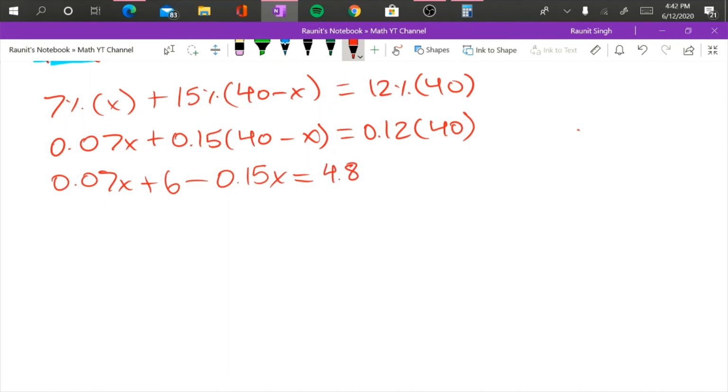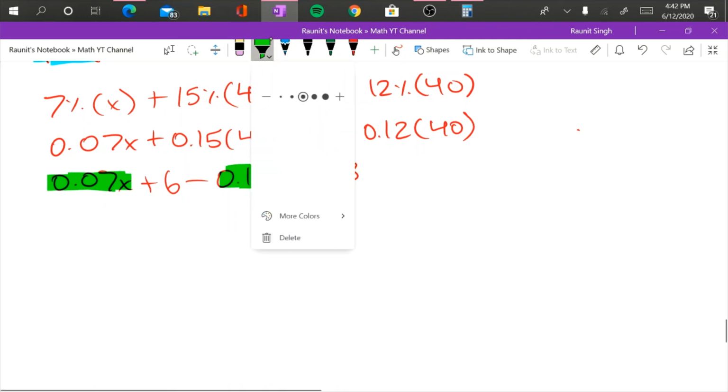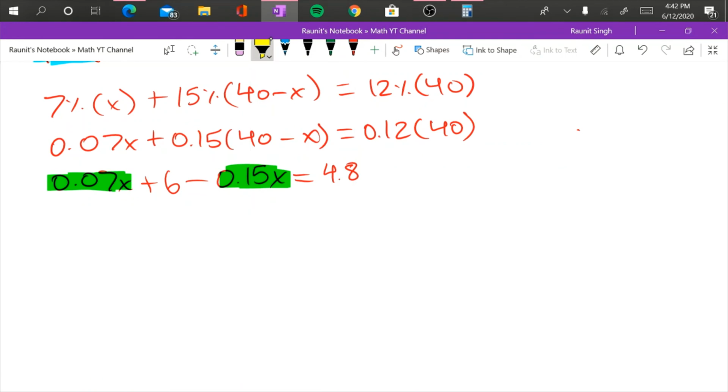So now we're just going to keep the x's on the left side of the equation because the x's are already here, and then we're going to move the numbers to the right side of the equal sign.